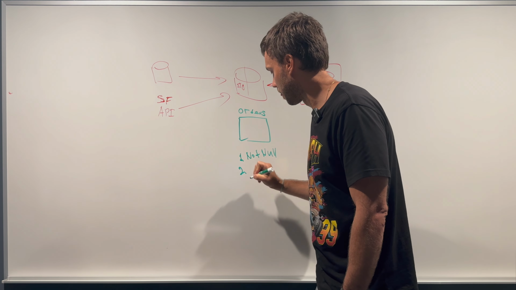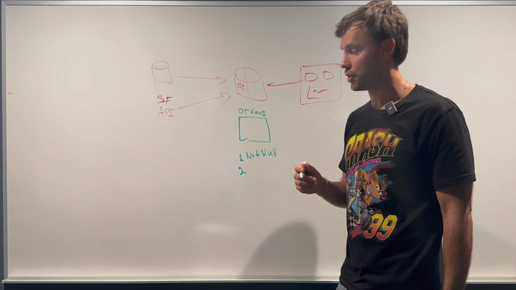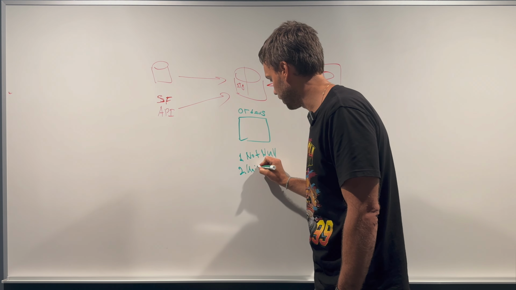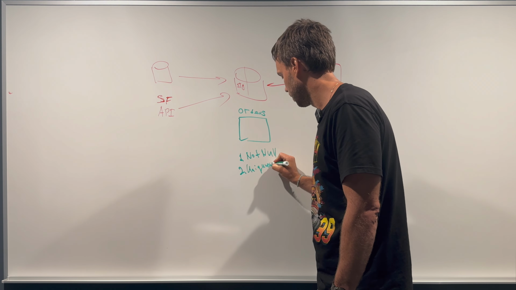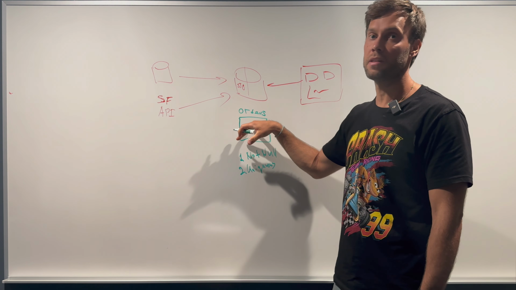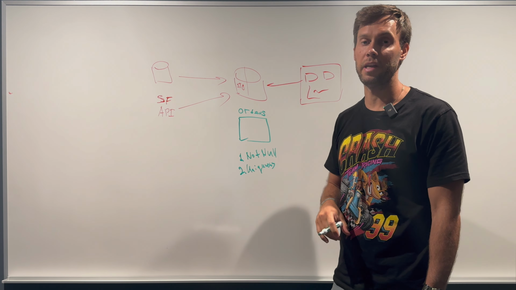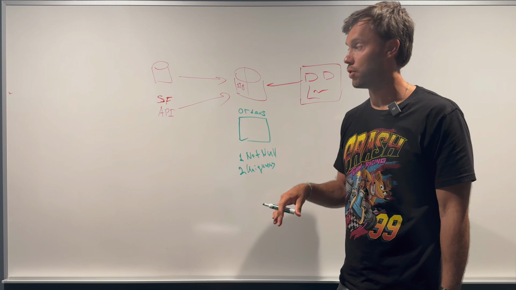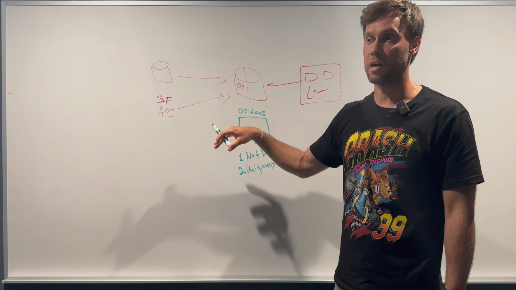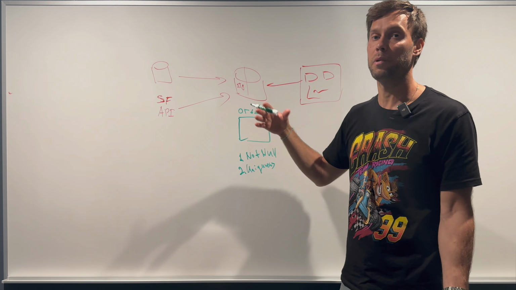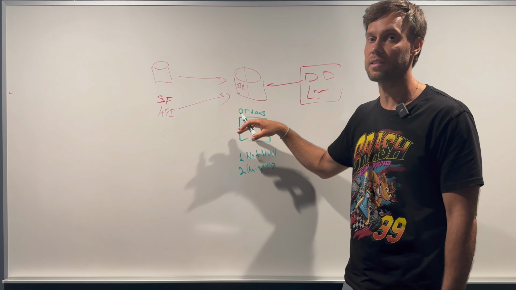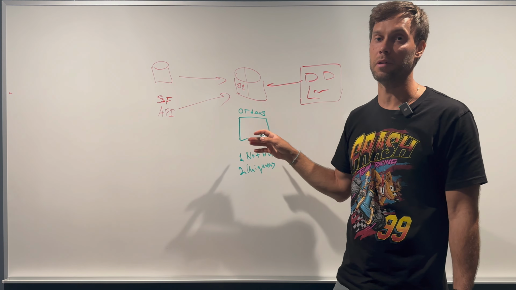The second one, the test is called uniqueness, or unique. It means that we don't want to have any duplicates in our table. Imagine you have the order ID, and somehow you have a duplicate, right? A duplicate means you have the exact same row or record in the table.